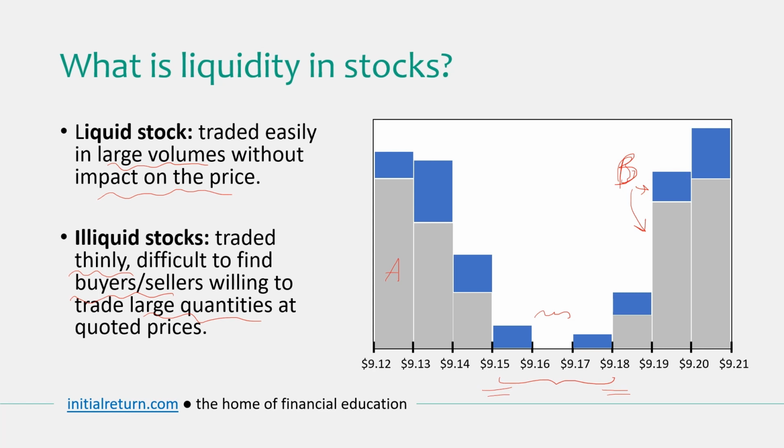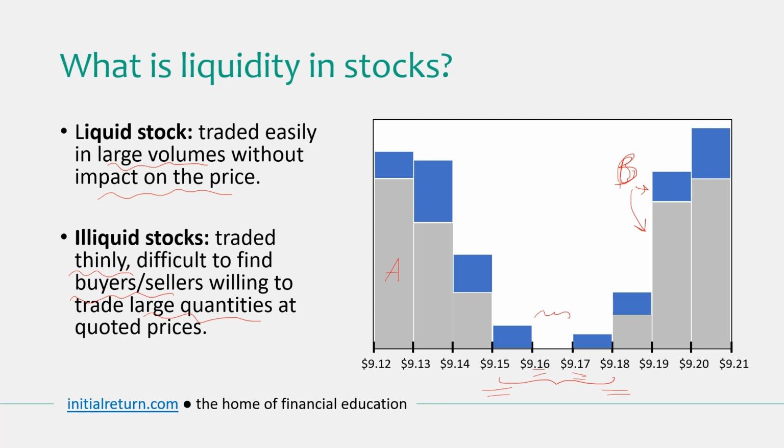So the cost would be 3 cents. Whereas the same cost for B is only 1 cent. Why? Because you would buy it at 9.17 and sell it at 9.16. So round-trip transaction cost is lower for B, which is a measure of liquidity.